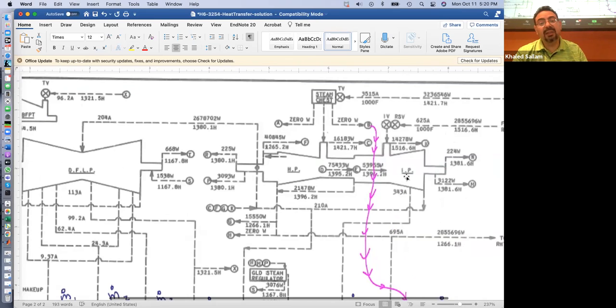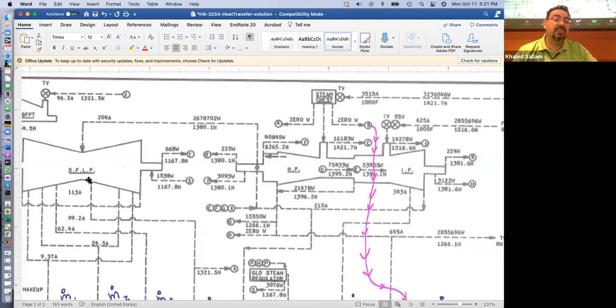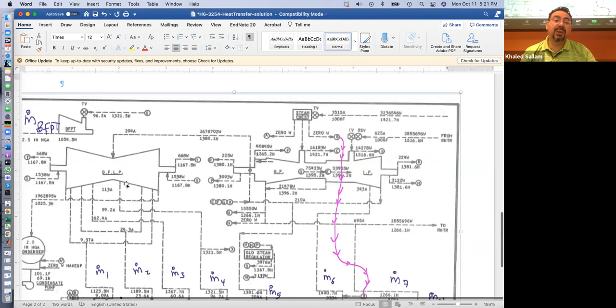I think it's intermediate pressure. So high pressure, intermediate pressure, and low pressure. In some diagrams, I can give you a diagram with high pressure, intermediate pressure, and two low pressure turbines, and each one of them is dual flow.